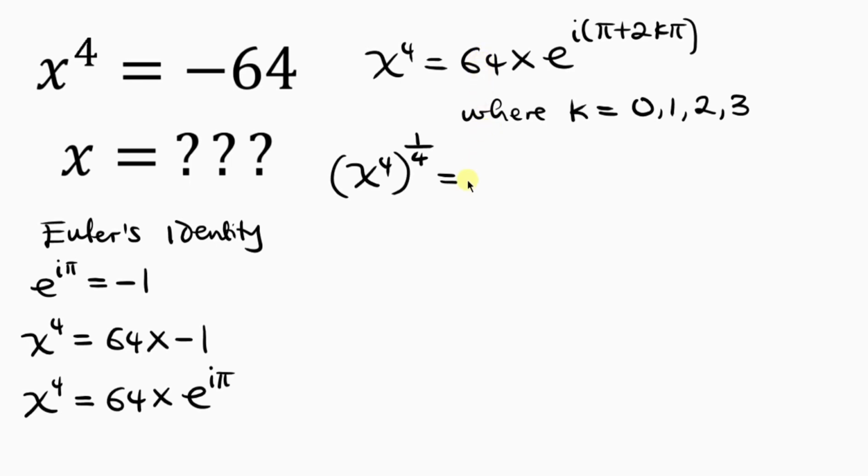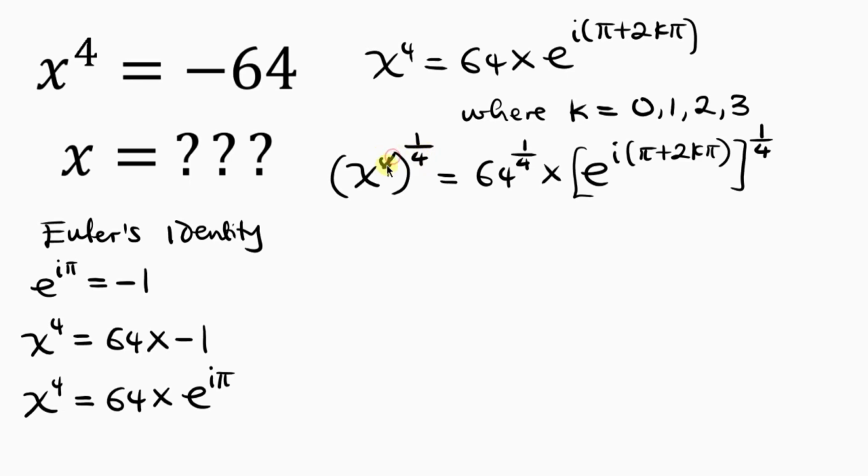Taking the fourth root of 64, that is 64 to a power of 1 over 4, times, we take the fourth root of this expression, e to the i times pi plus 2k pi. Taking the fourth root means raising this to a power of 1 over 4. And from indices, powers multiply.